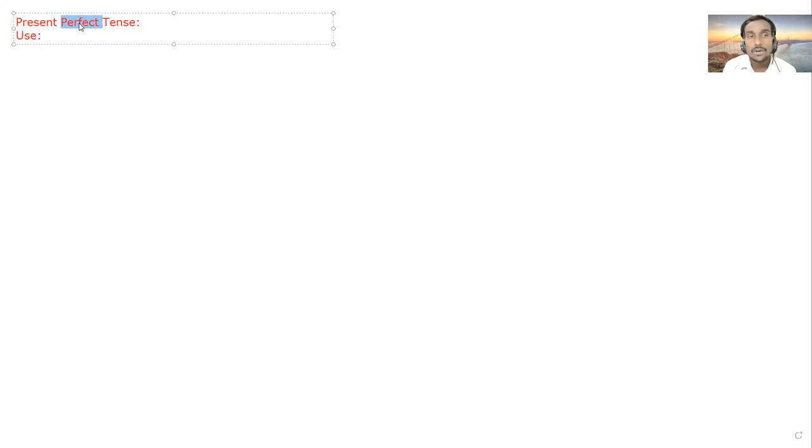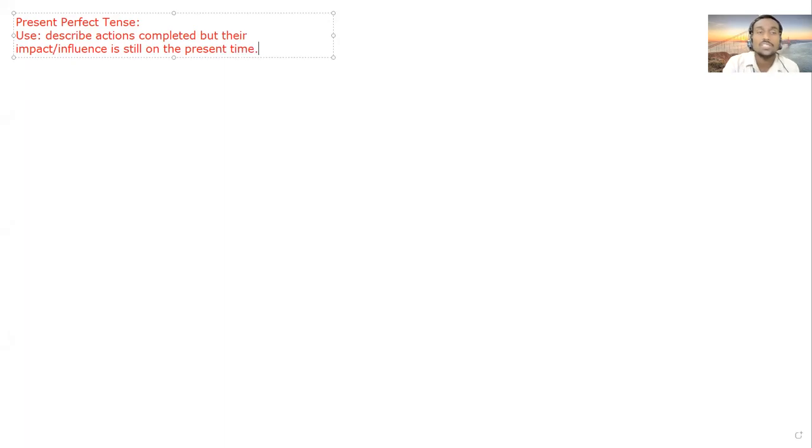Okay. So here we will use present perfect when we want to describe actions completed but their impact or influence is still on the present time. What does it mean? If actions are completed, it means that they should be in the past.